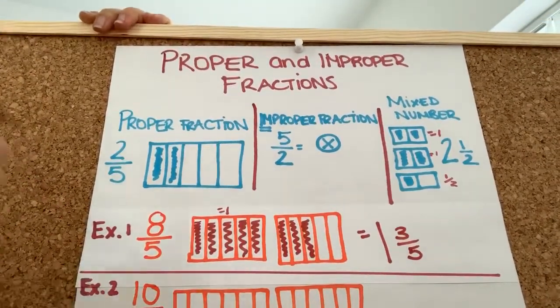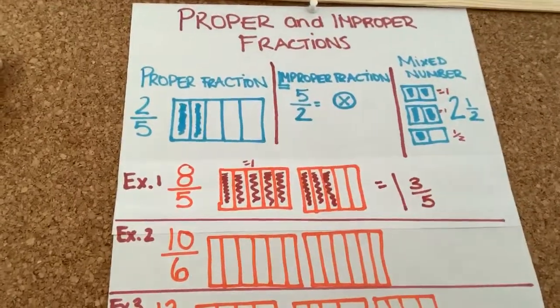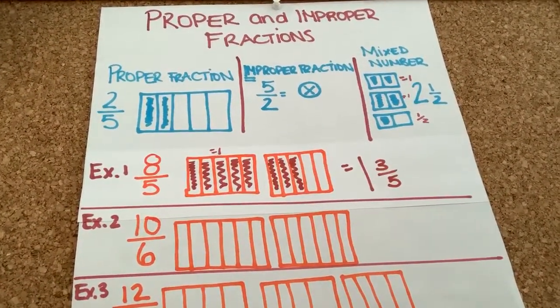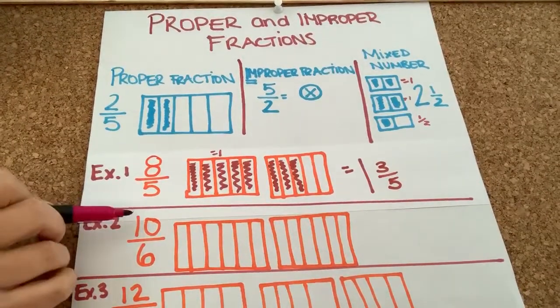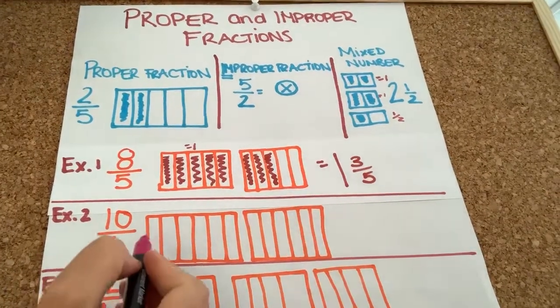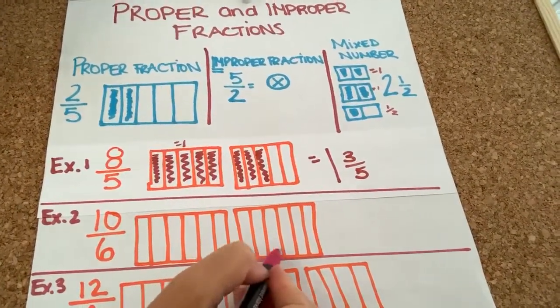Okay? Let's try the second example. 10 over 6. It is an improper fraction because the numerator is bigger than the denominator. So we have our boxes of 6.